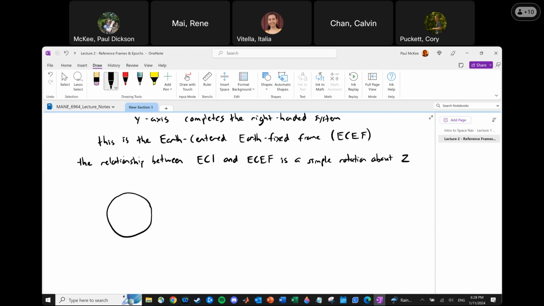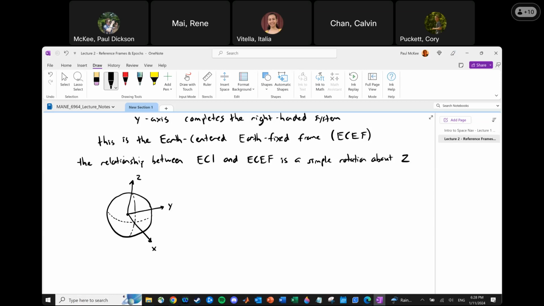Imagine that this is the Earth and that here's the equator and here is the prime meridian and this is the center of the Earth. Then the ECEF frame would be coming out the top. This is the X direction and then the Y direction is going to just complete the right-handed frame.